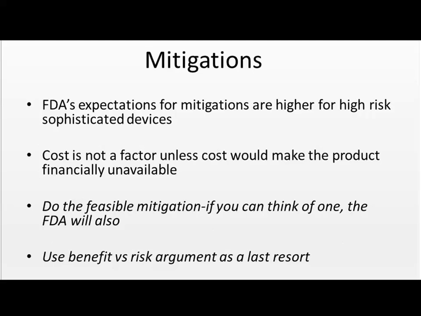They will review your documentation, and they will ask, why didn't you do this type of mitigation? So if you can think of a mitigation, do it. Use a benefit versus risk argument as a last resort. FDA frowns on trying to use benefit versus risk arguments to get out of actually doing mitigations.